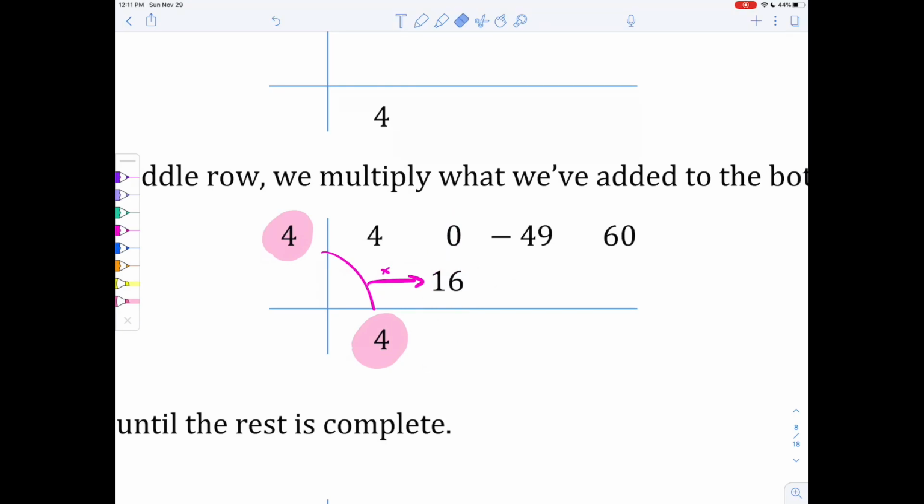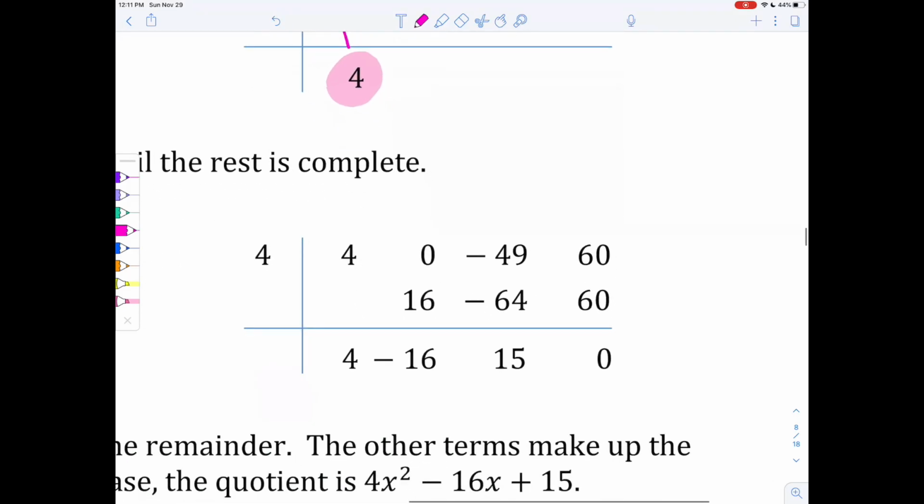As we look at what's down here, 0 minus 16 is what gave us this negative 16. Negative 16 times 4 is what gave us this negative 64. Subtraction again, negative 49 minus 64 is what got us this negative 113... er, this 15. And now multiplication again, 15 times 4 is what gets us this 60.